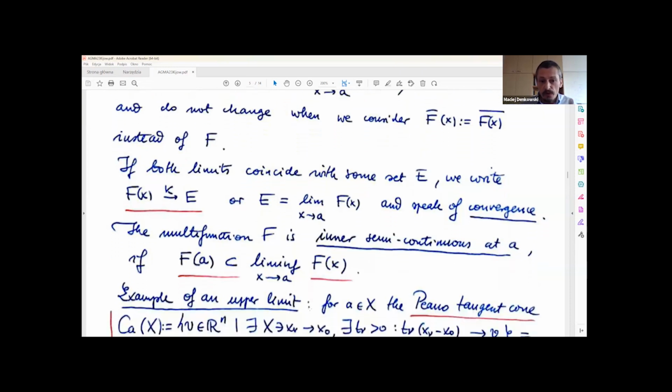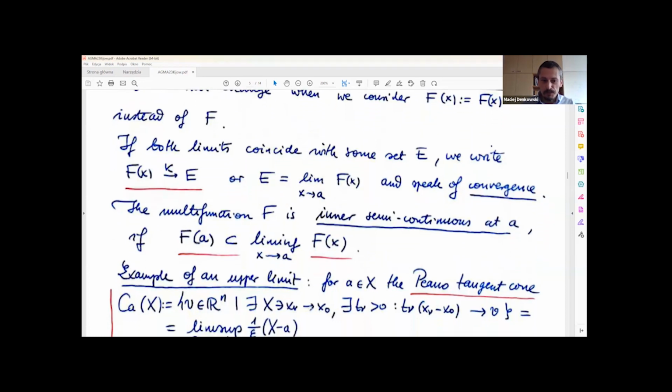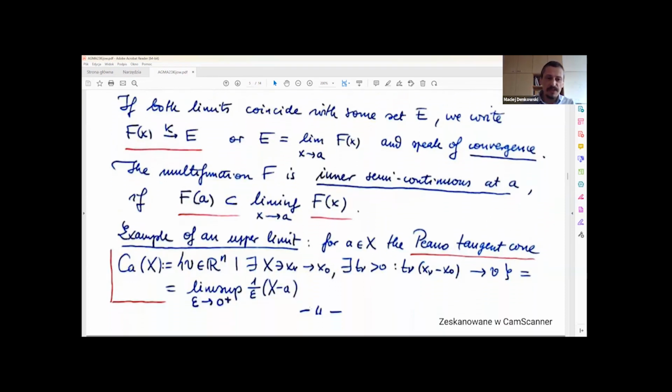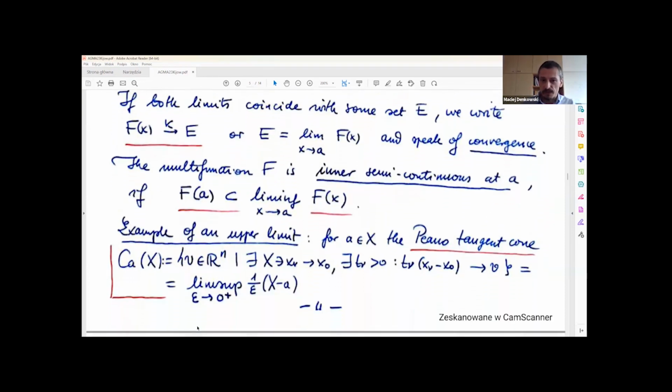Let's see an example of an upper limit, because we will be using this set in a moment. The usual Peano tangent cone is something that you obtain when you fix a point A in the set X, and you approach this point by a sequence taken from X, and you look at the secants, the line secants, and they stabilize.